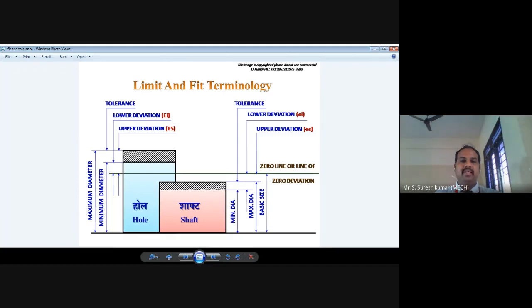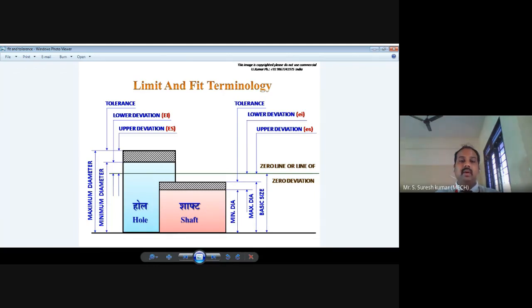The first one is basic shaft. A shaft whose upper deviation is zero is called a basic shaft. Next one is basic hole. A hole whose lower deviation is zero is called a basic hole. So next one, clearance. Clearance is the positive difference between the hole size and the shaft size.